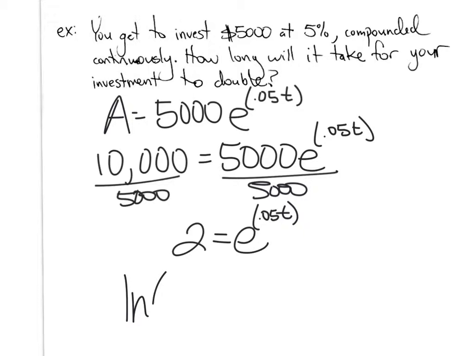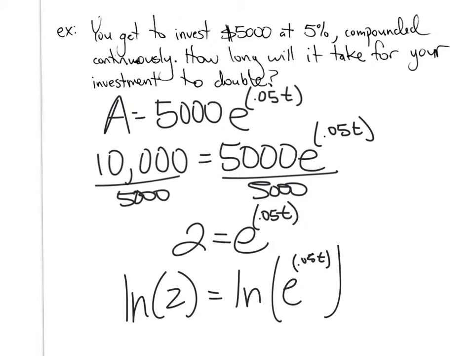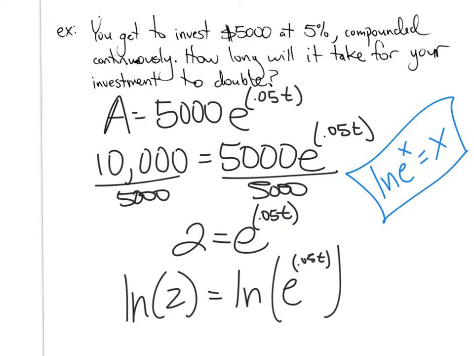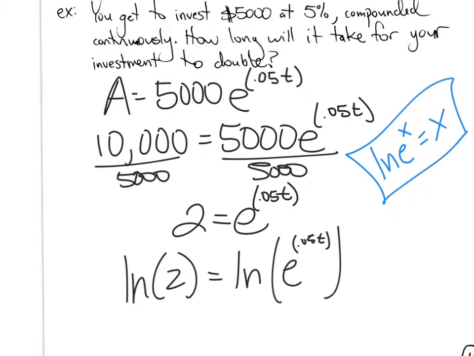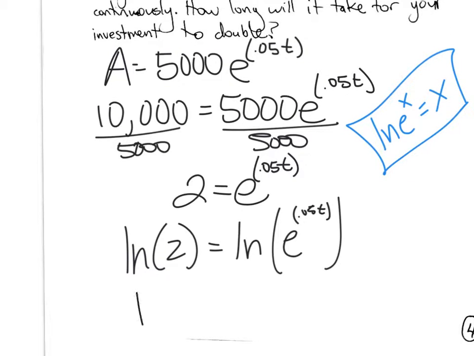So natural log of 2 equals natural log of e to the 0.05t. ln of e to the something is the something. That's always true. And so what we get here is natural log of 2 equals 0.05t.